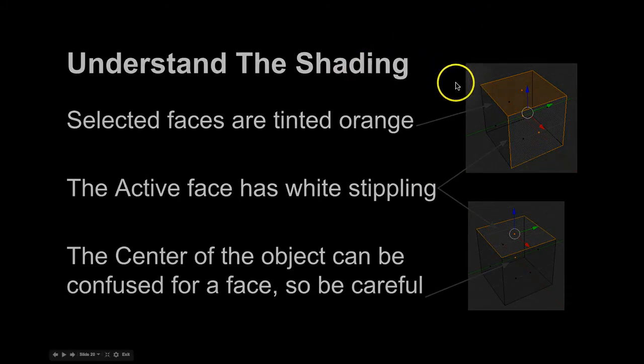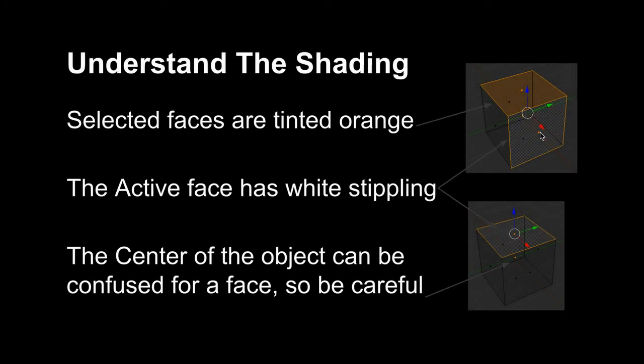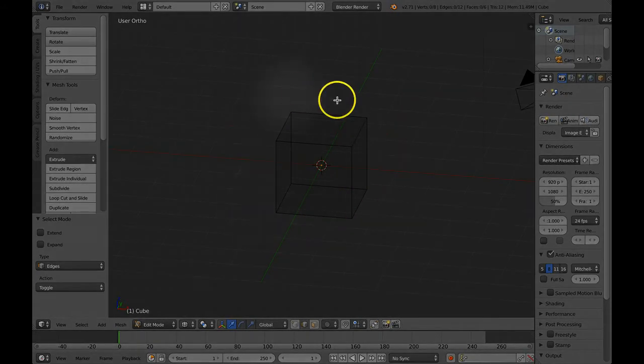You should understand the shading. The selected face is orange, the active face has white stippling, and also the center of the object is an orange dot that you might get confused with the faces because they look similar. So be careful.